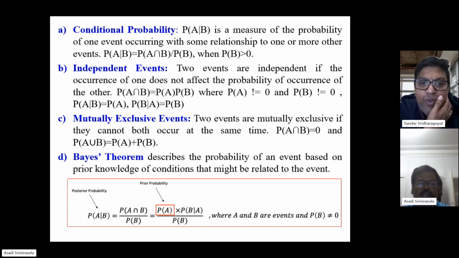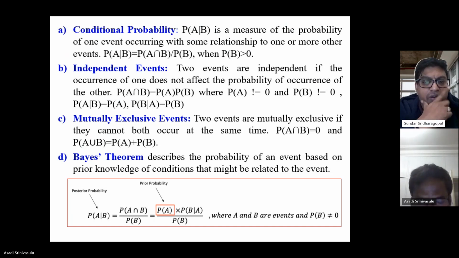Student: Doctor, I have a question. Yes, Doctor, please ask me. Student: When you look at the Bayes theorem, probability of A intersect B is equal to probability of A multiplied by probability of B over A, that's what you say at the bottom.